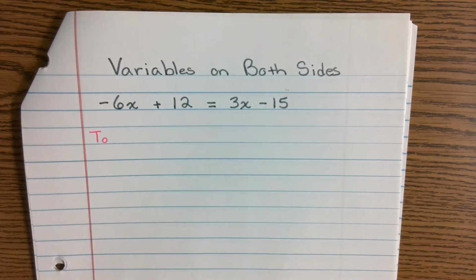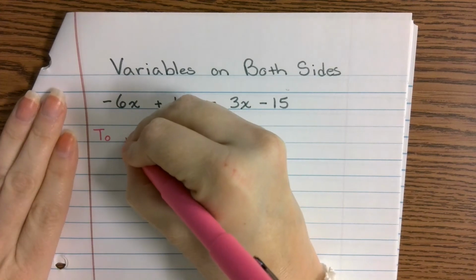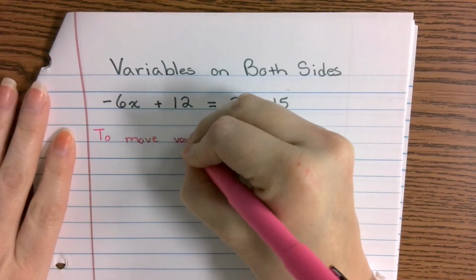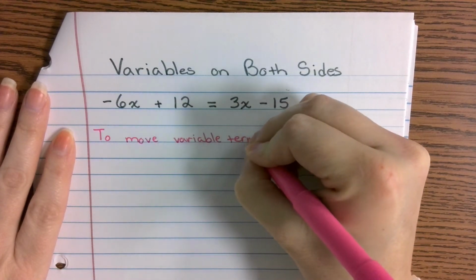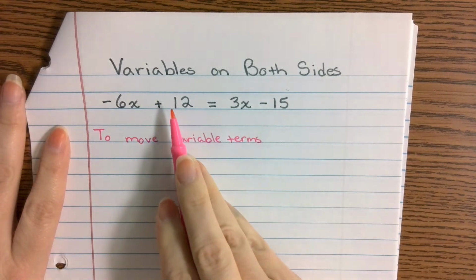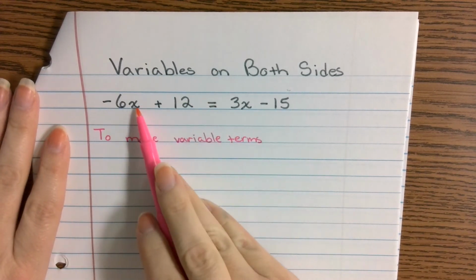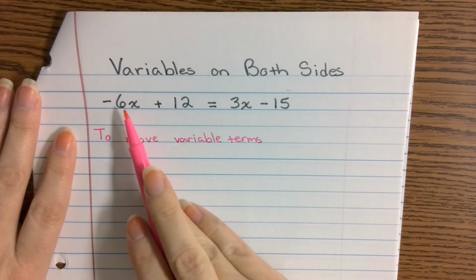That's when you start doing the process of maneuvering to get the variable over to one side. So in order to move any variable terms, we know if we want to move a constant, we have to add or subtract. We know if we want to isolate a variable, meaning get the variable by itself, we would multiply or divide.